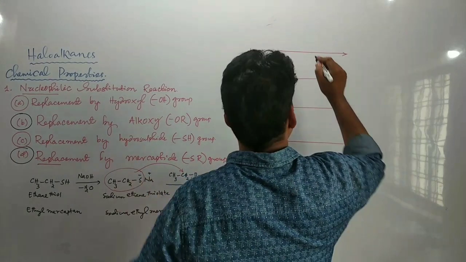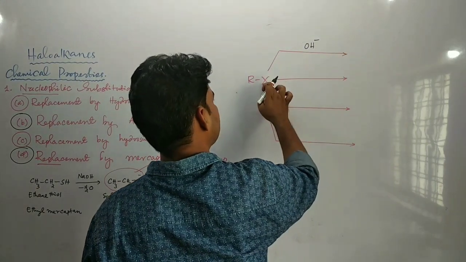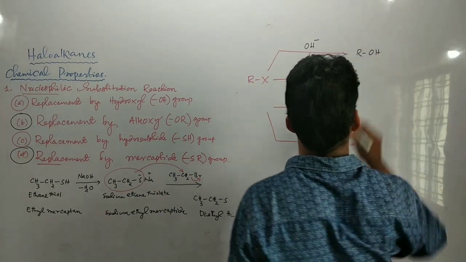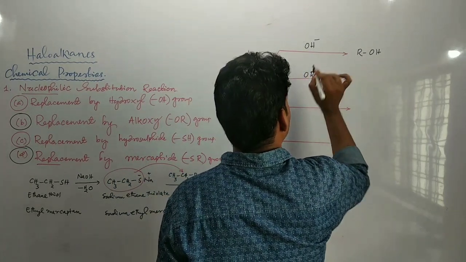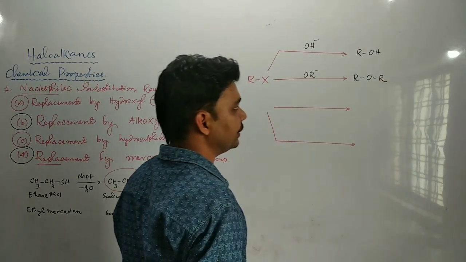The first example is replacement by OH minus. When OH minus substitutes this X minus, you will get alcohol, ROH. In the second case, the replacement by alkoxide ion, the product is ROR, ether.